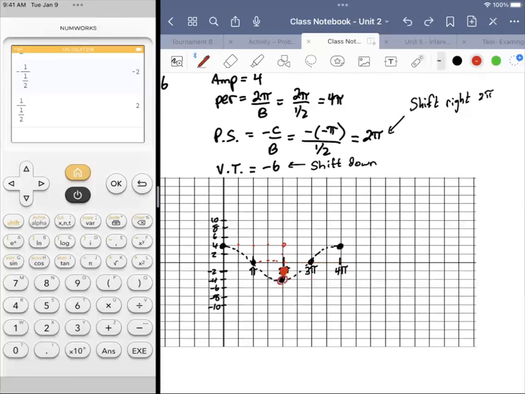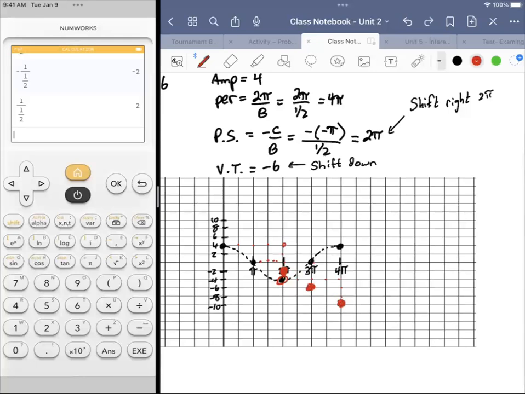So 2 pi is right here. It's going to go over to 4 pi and go down 1, 2, 3 boxes. Oh, I missed my pi here. So 1, 2, 3. Okay. Got there eventually. So we're looking at something like this.